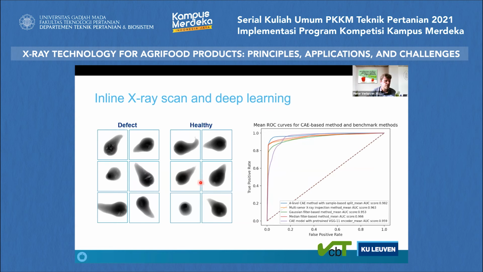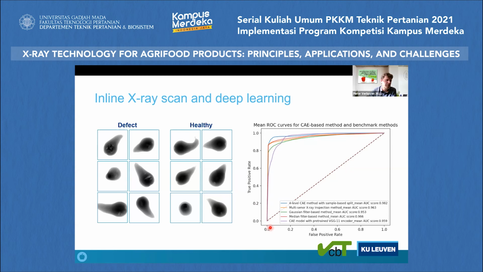This is expressed in the figure on the right-hand side, where you see the outcome of the classification, where on the bottom, you see the false positive rate, and on the y-axis, the true positive rate. Of course, you want to have low false positive rates and high true positive rates, so that all the fruits are classified in the right class.